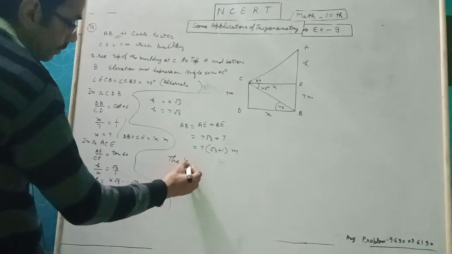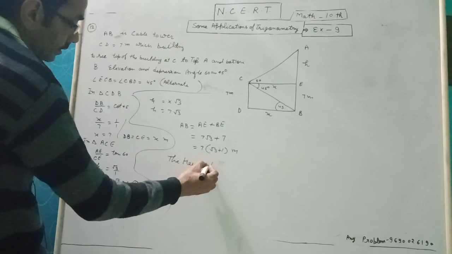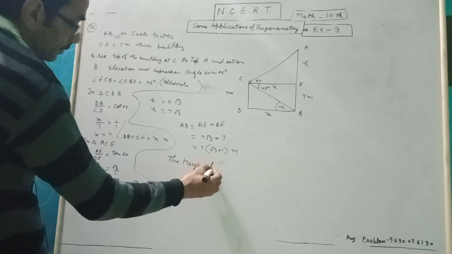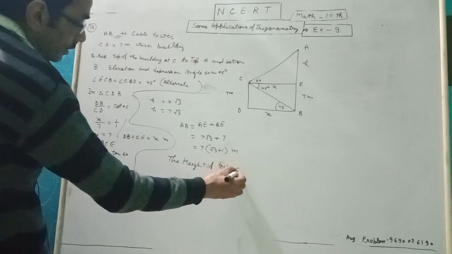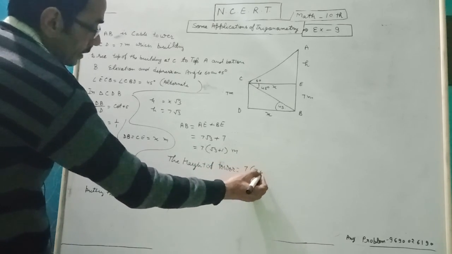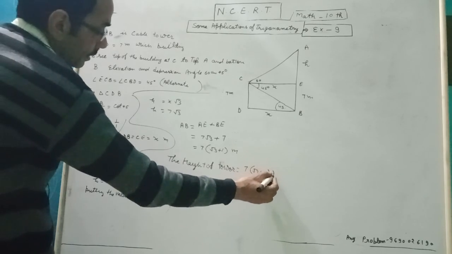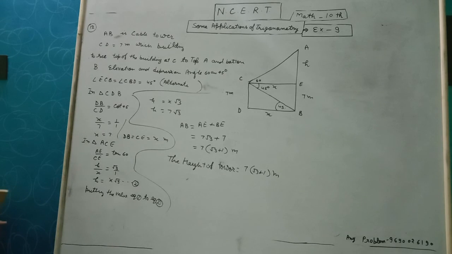The height of tower is equal to 7 bracket under root 3 plus 1 meter. Question number 12 is complete. Thank you.